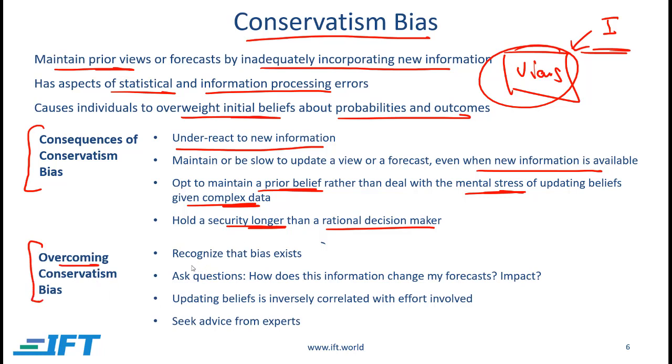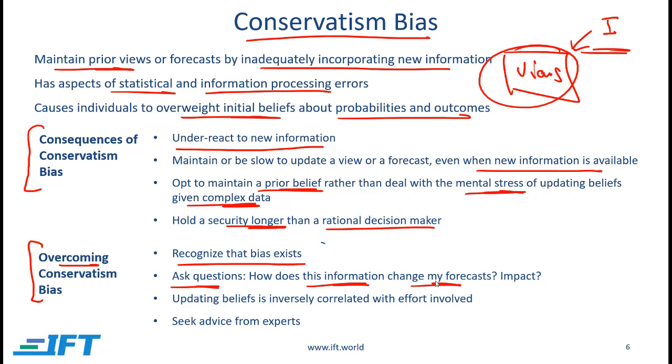The first step is to recognize that this bias exists. If we look around us, we can clearly see that conservatism bias manifests itself in many different ways. So if this bias exists around us, perhaps we ourselves have this bias. So we can ask some questions. If any new information comes in, how does this change my forecasts?